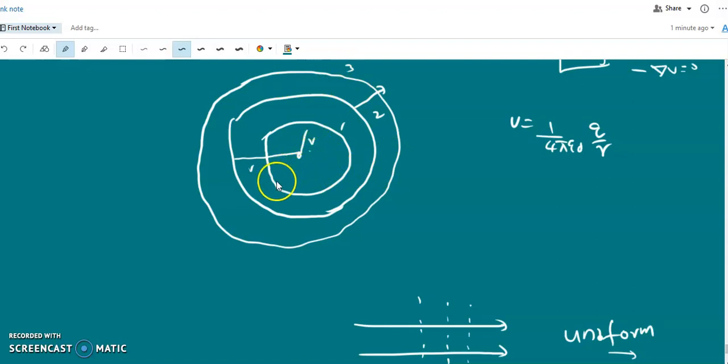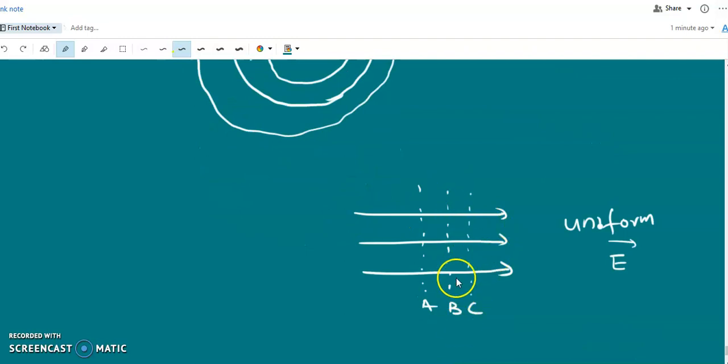The direction of the electric field is always normal to the equipotential surface. Equipotential surfaces are normal to the direction of electric field.